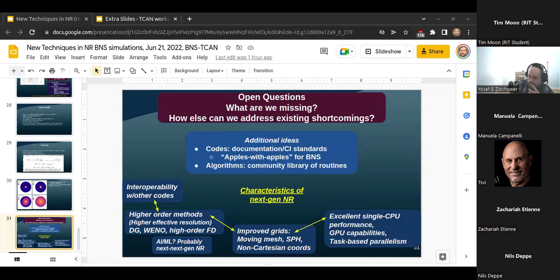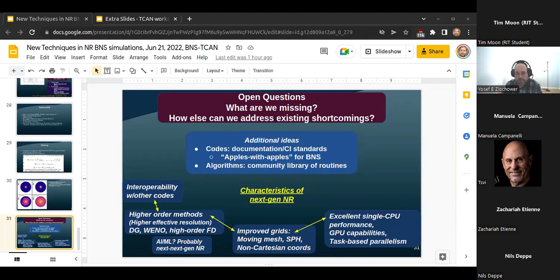Yeah, so just the background, I added a couple of ideas to the list of things we might want to discuss. One is, as Manuela said, an apples with apples test for BNS. Maybe I should have said for numerical relativity codes that have all the features needed for accurate simulations of binary neutron stars, at least faithful simulations, faithful to the underlying physics and self-consistent.